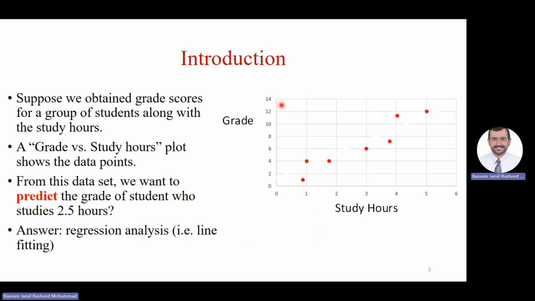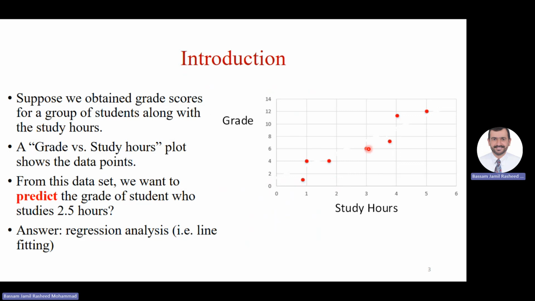Now, this is an example, not necessarily the true example. If the student studies this much time, then the grade of the student will be this much. 1 hour, 4 out of, I don't know, 14 or whatever.